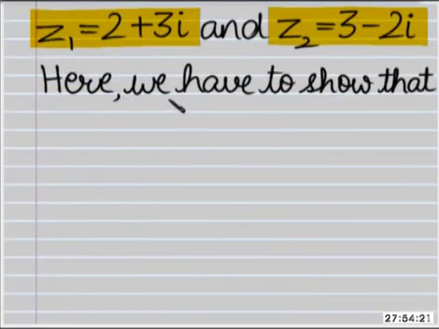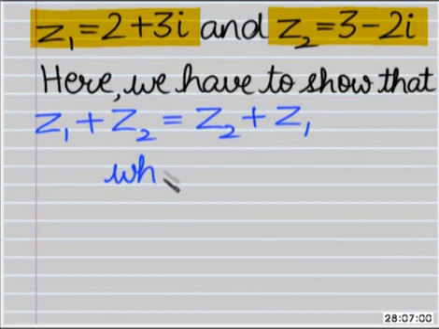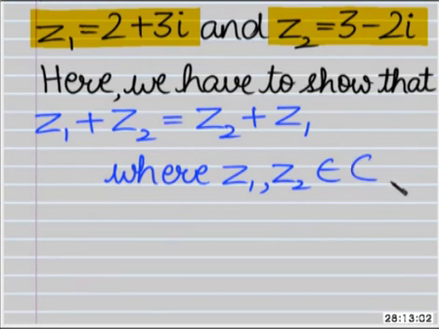So here we have to show that z1 plus z2 is equal to z2 plus z1, where z1 and z2 belong to the set of complex numbers.